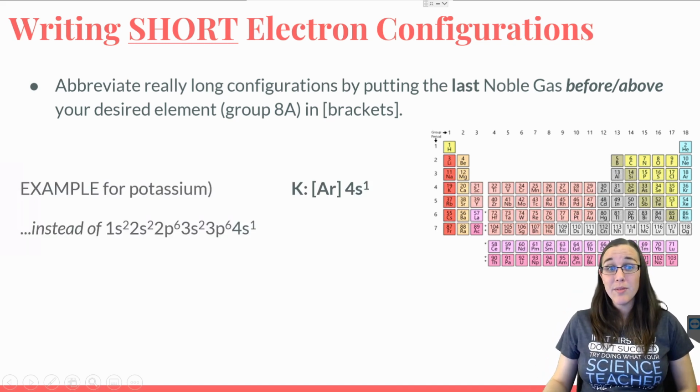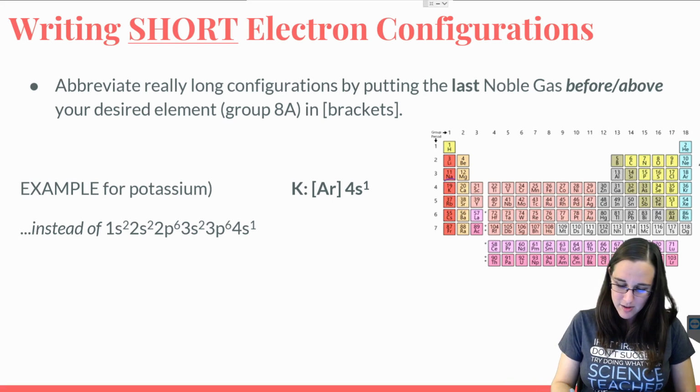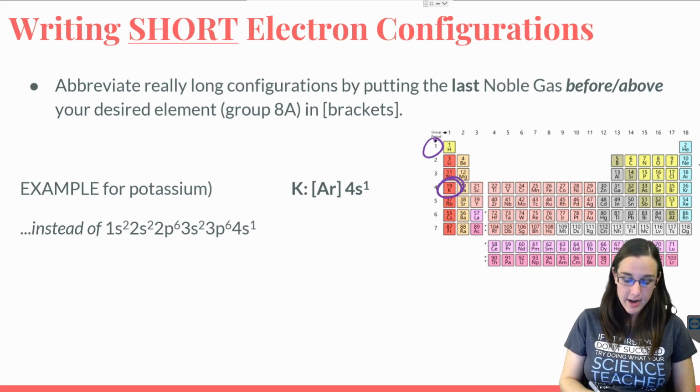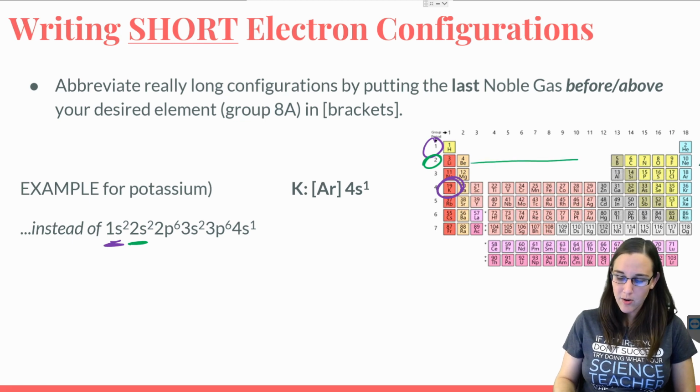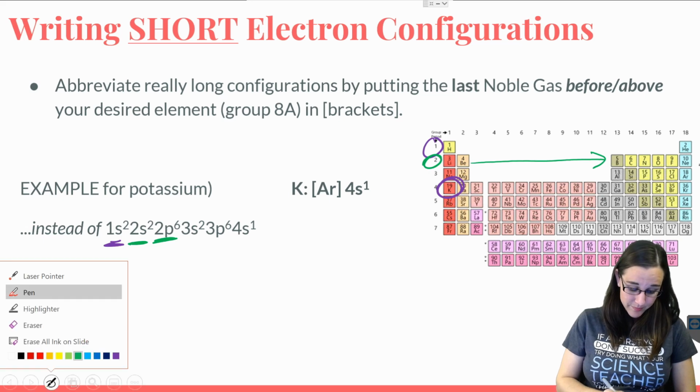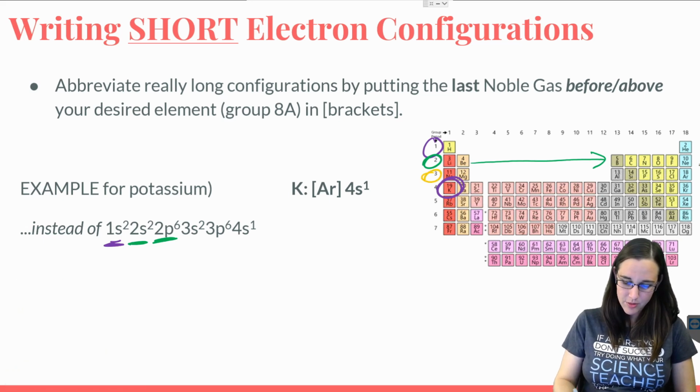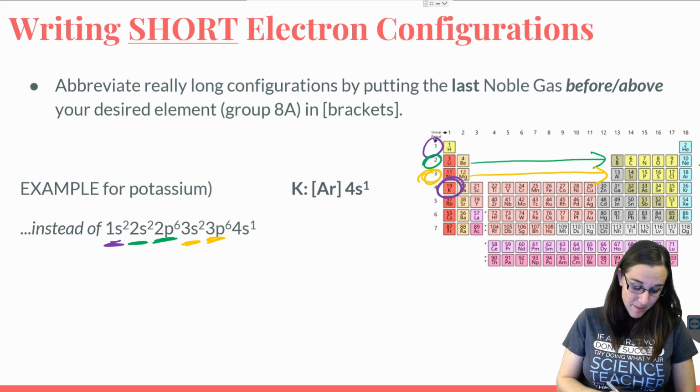So for example, if we were going to do potassium, which is K over here, instead of going 1s2 for the first line and then jumping down to the next line, 2s2, and then jumping all the way over and going 2p6, and then going down another level to 3 and going 3s2 and jumping all the way over and going 3p6, and then finally ending up in level 4 where you're finally right there with potassium and saying 4s1.